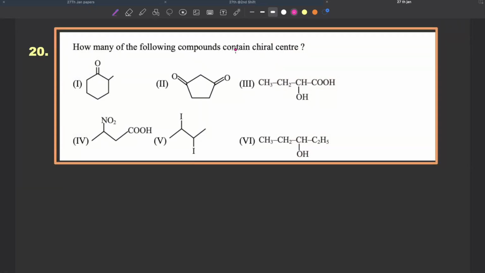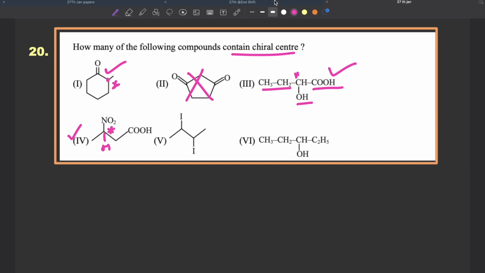Next, how many of the following contain chiral centers? The first one has a chiral center, because if you go left and right, you don't have the same structures. This is one. Option 2 has a chiral center here. This one has no chiral center. This one, I believe, is the chiral center, because COOH, ethyl group, OH and hydrogen are different. And this one has hydrogen, methyl, and a carboxyl group with 2 carbons, so this has one chiral center.